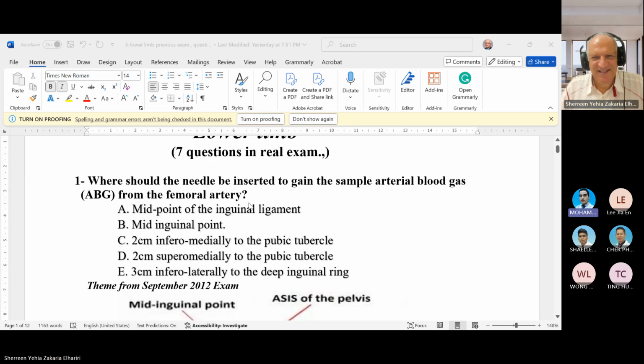First question: where should the needle be inserted to gain the ABG, arterial blood gas, sample from the femoral artery?